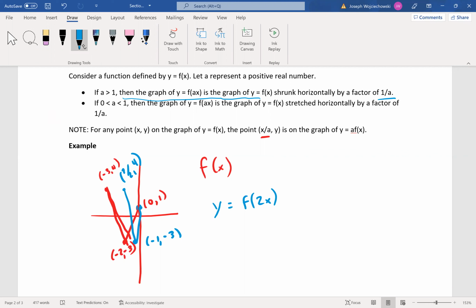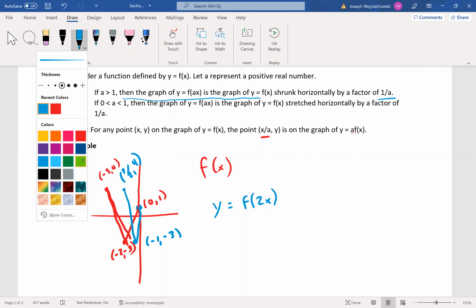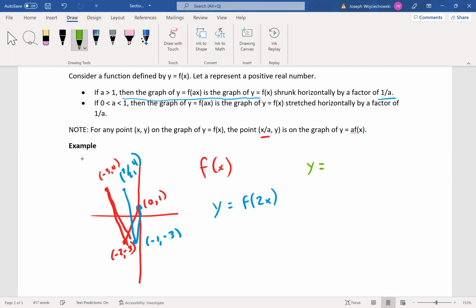Okay, so now let's get us another color here, and we're going to have y equals f of 1/2 x. So this basically means our y values are going to stay the same, and our x values, we're going to divide them by a, so essentially we're going to double them.